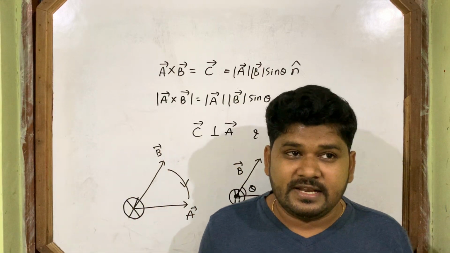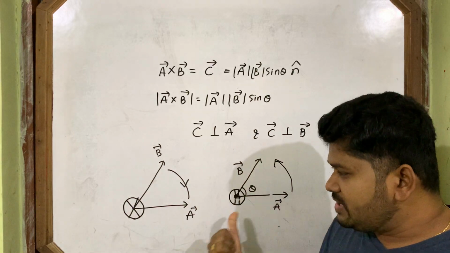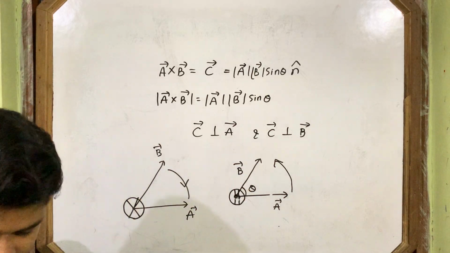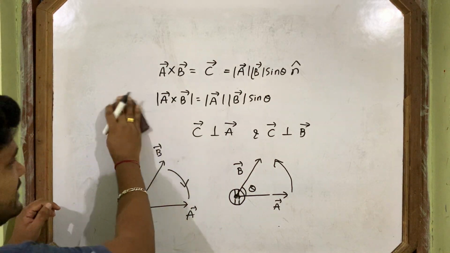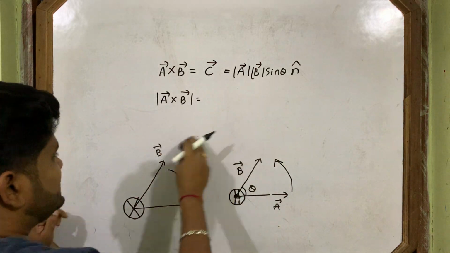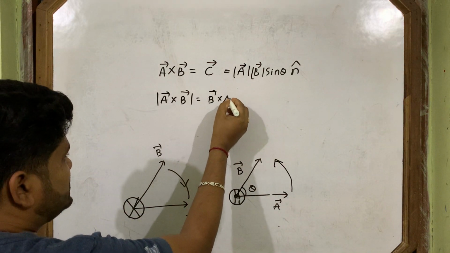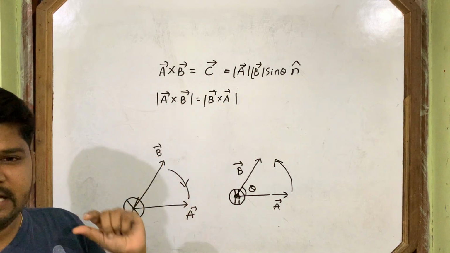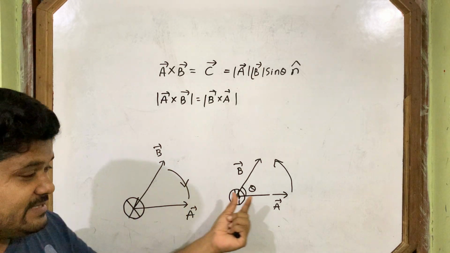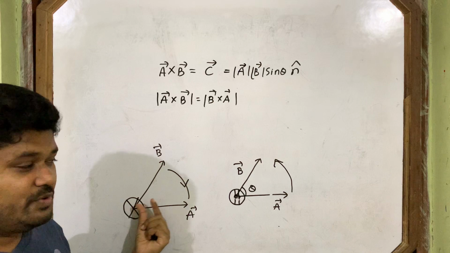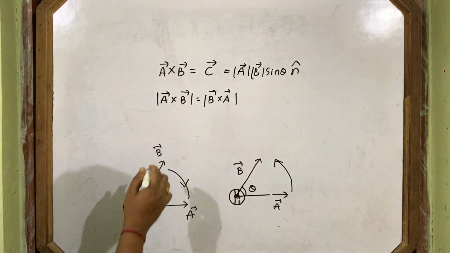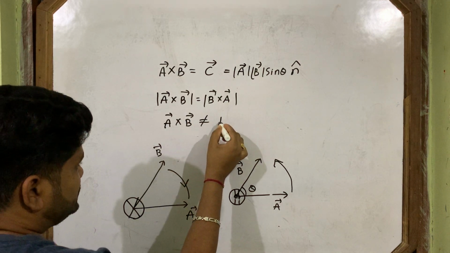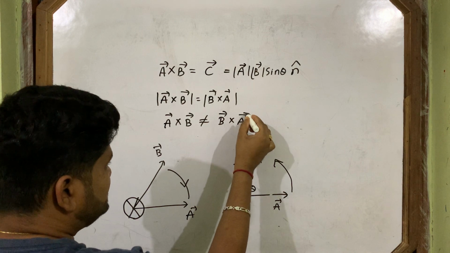Magnitude wise, A cross B magnitude is equal to B cross A magnitude, because this is AB sin theta, this is AB sin theta, no problem. But if we see direction, both directions are opposite. So A cross B is not equal to B vector cross A vector.